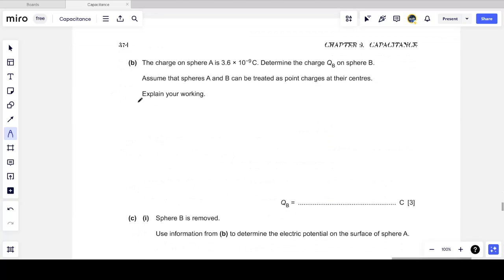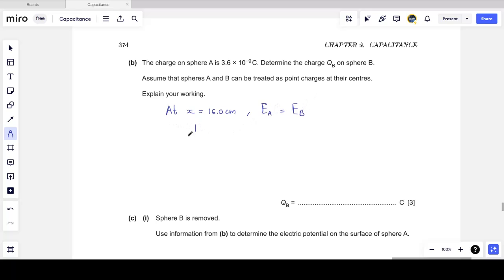This means, and they asked me to explain my working as well, so I'm going to do just that. At x equals 16 centimeters, the electric field strength of A equals the electric field strength of B, because I can see the net field is 0.